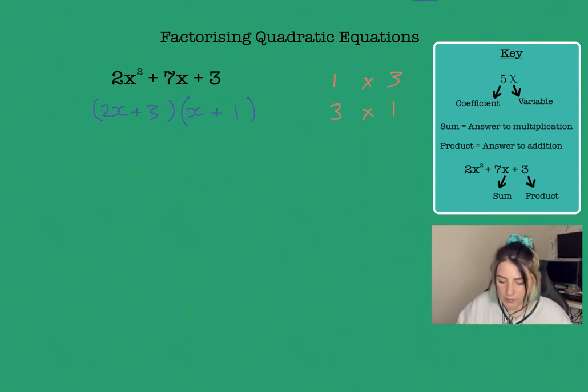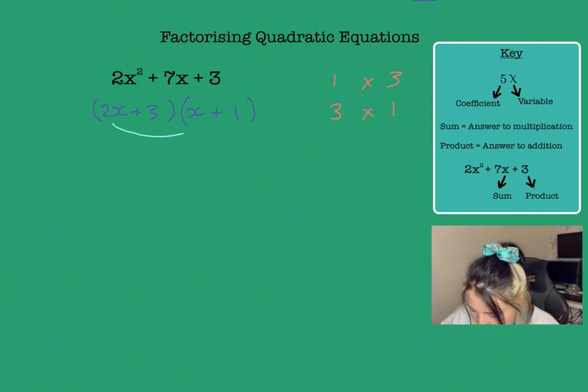Now what we're going to do is what we always do with our brackets. We're going to expand them out, and then once we've grouped everything together, see if we've created the same equation as we had to begin with. If we haven't, then we need to go back and reassess. So we're going to start by doing 2x multiplied by x. That's going to give us 2x squared.